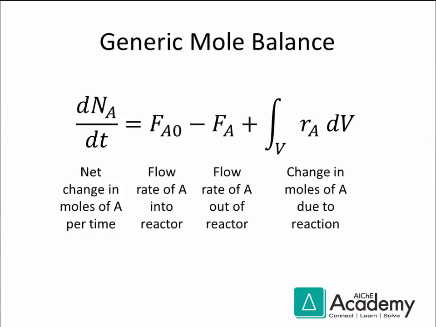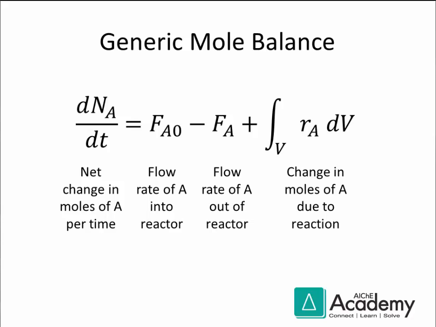Here, N_A is the number of moles of A present, F_A0 is the flow rate of A into the reactor during the reaction in moles per time, F_A is the flow rate of A out of the reactor during the reaction in moles per time, and r_A is the rate of the reaction, specifically the rate of appearance of species A in moles per volume per time.